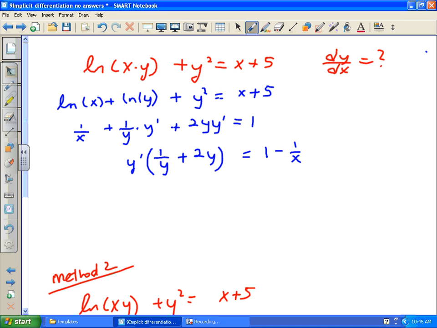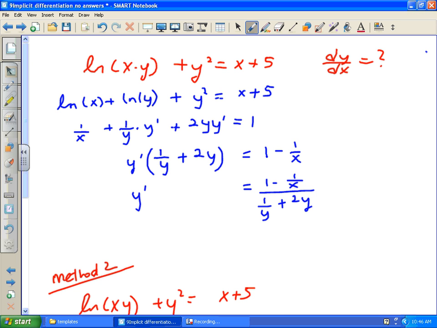So now all I have to do is divide both sides by the coefficient. So y prime is 1 minus 1 over x divided by this quantity. Now, technically, we're done.